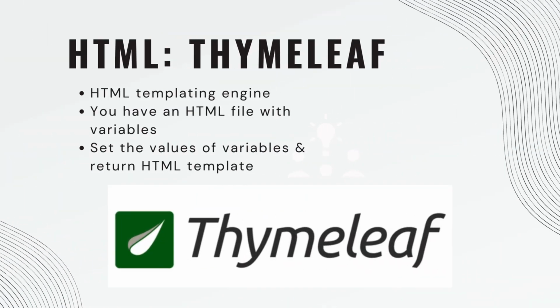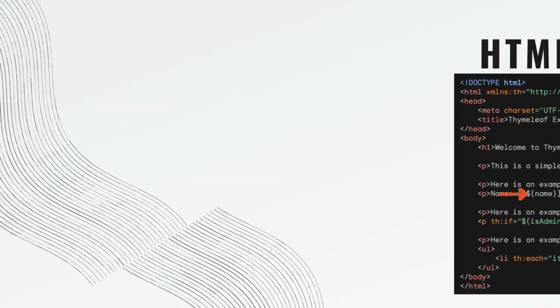Moving on, you can return HTML directly using a templating engine, and that's what Thymeleaf is. This is something that is built into Spring Boot. Basically, you have an HTML file with variables, and then you set the values of the variables and return the HTML template. So here's an example.